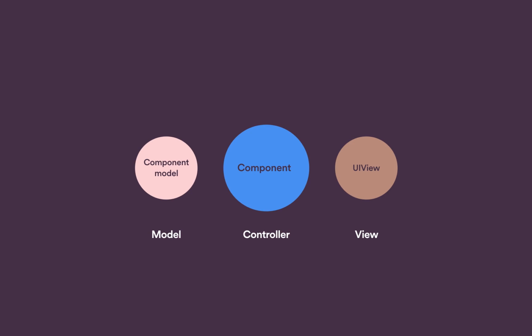So the responsibility of a hub component is to take a component model and render it using a UI view. That gives you a lot of flexibility as an API user, because you can use any UI view that you want to render your components. The framework doesn't impose any restrictions on it.